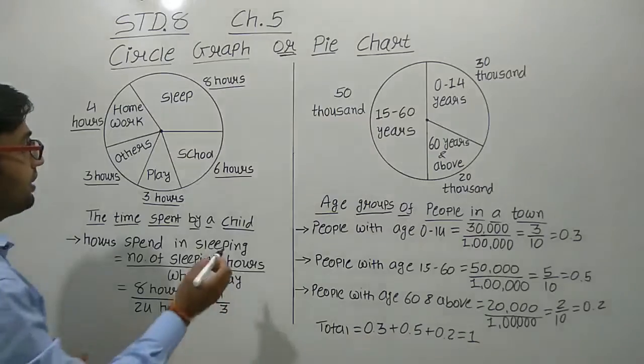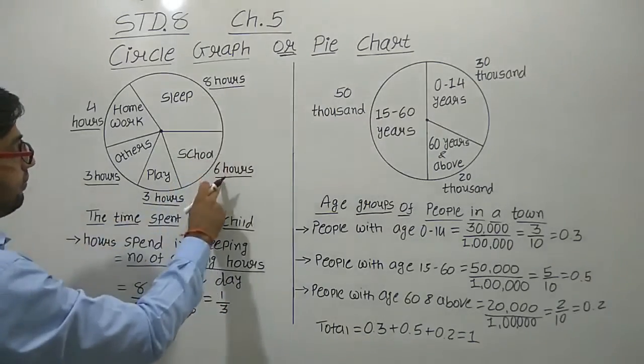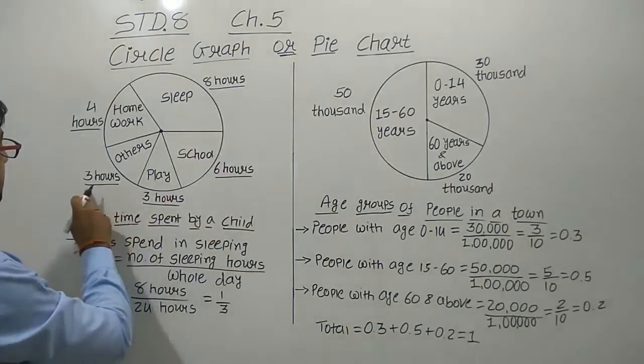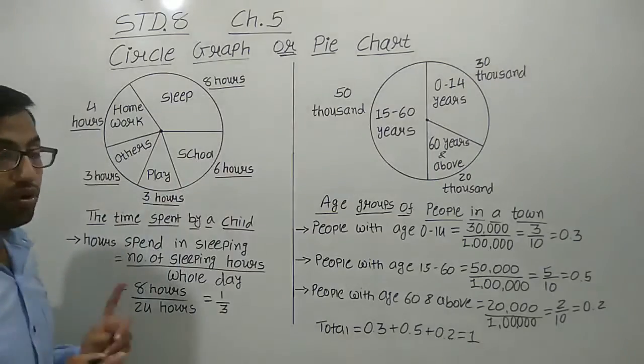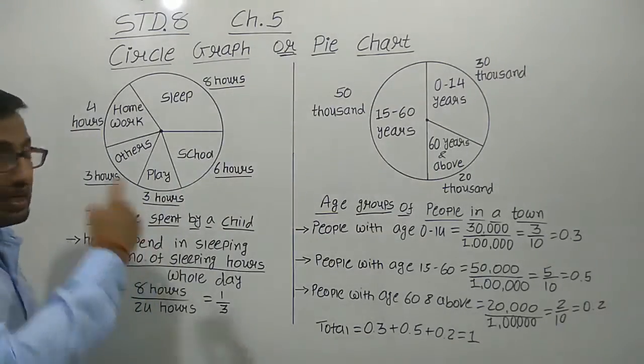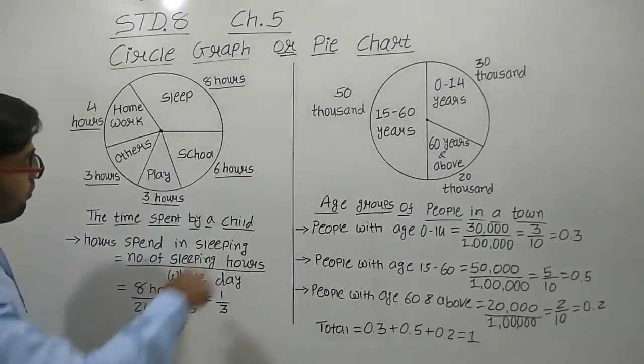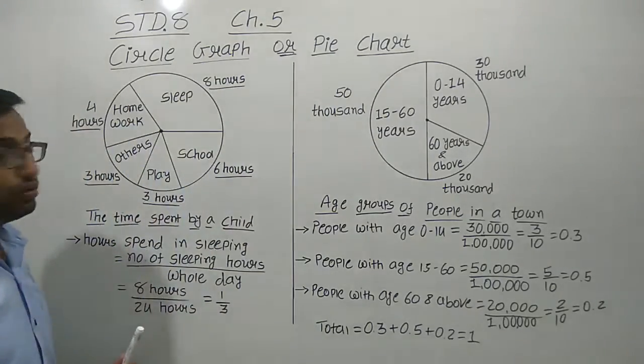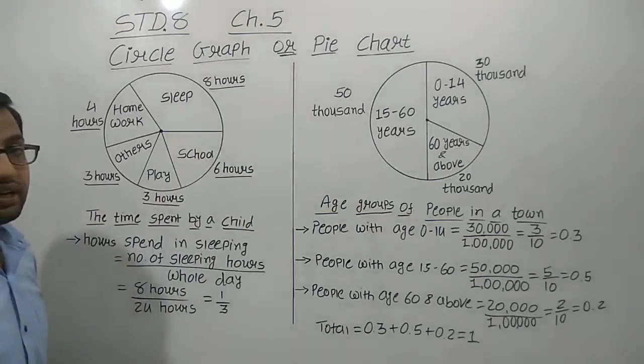So calculate how many hours this is: 8 plus 6 plus 3 plus 3 plus 4. Total is 24 hours. So now you can understand that we divide the 24 hours into this type of sectors.